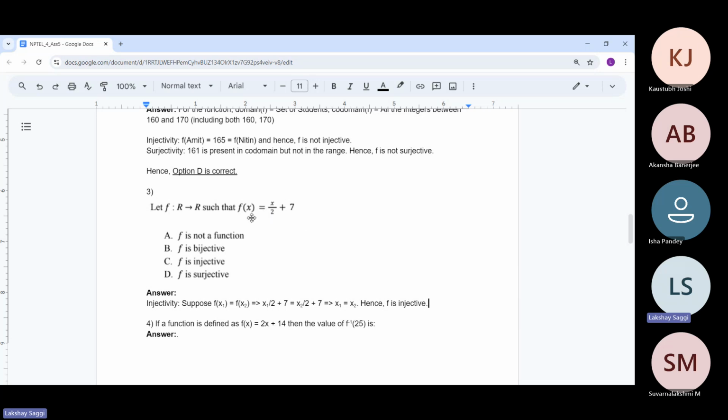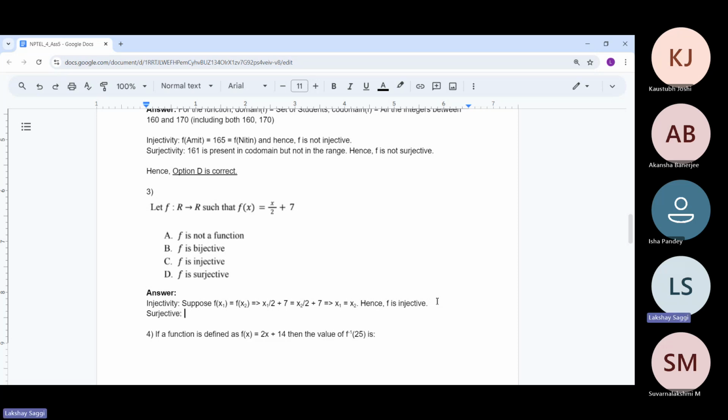And this also lies in the codomain. Like if x is real, then x by 2 plus 7 is also real. So f is definitely a function. Because injective, surjective, and all these things are only defined for functions, not for relations, first we need to see whether the given thing is indeed a function. And if it is, then only we can check whether it is injective, surjective, and so on.